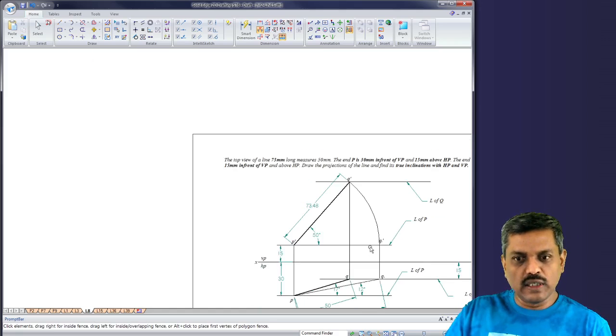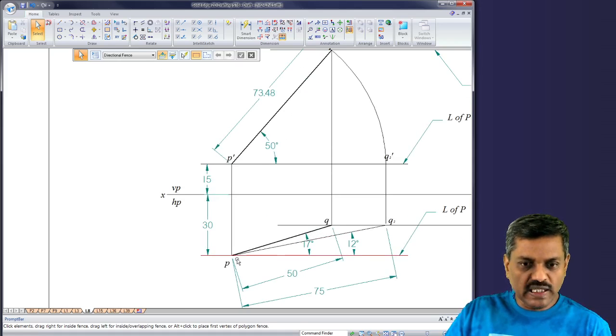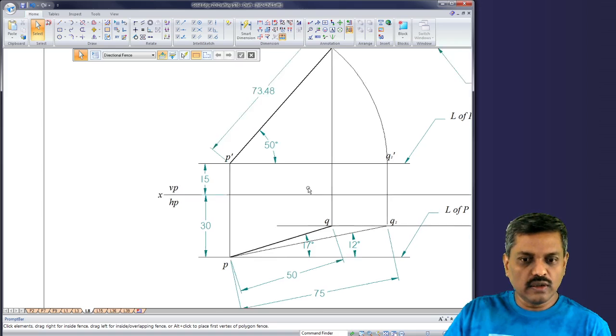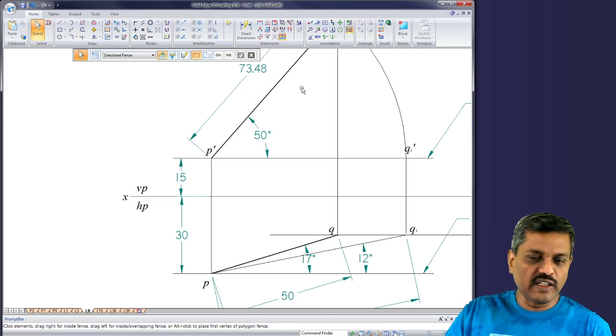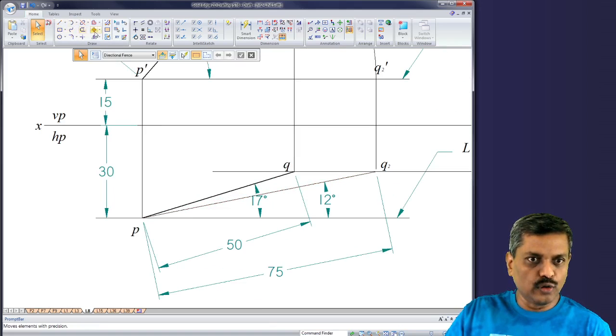So how to get the true length and true inclination over here, that is theta. True length already we have, that is 75 mm, it is given. So you can make use of the same thing, or you can actually make this PQ parallel to this and then project it. So it has to match exactly 75 mm. Instead of that, you can also straight away take that. There are two ways. So let me rotate this particular Q over here and make it as Q1.